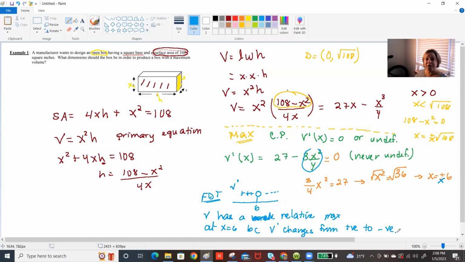So yes, we have the maximum. So we have the x. Now we need to find the other dimensions. Also, this is 6, this is 6.